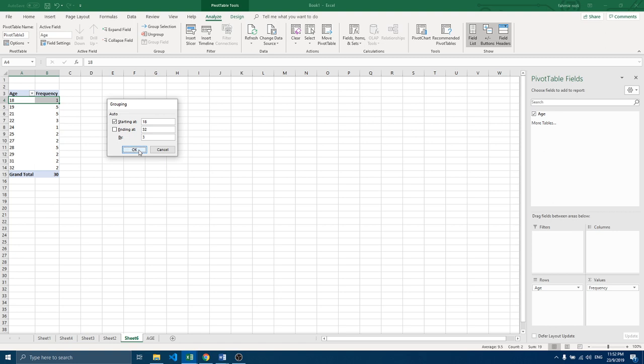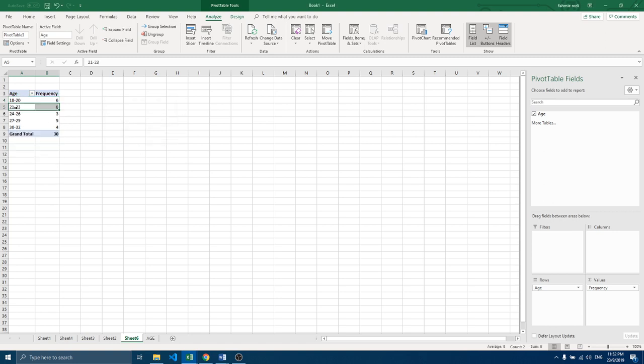So okay, and then you're gonna have 5 groups, 1, 2, 3, 4, and 5 groups with respective frequency. So 18 until 20 years old, you have 6 responses. 21 until 23 years, 8, and so on and so forth. Which is your total frequency equal to 30.